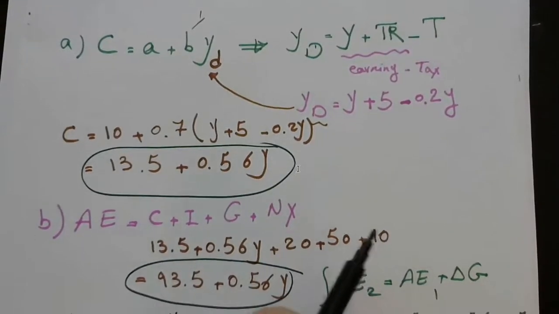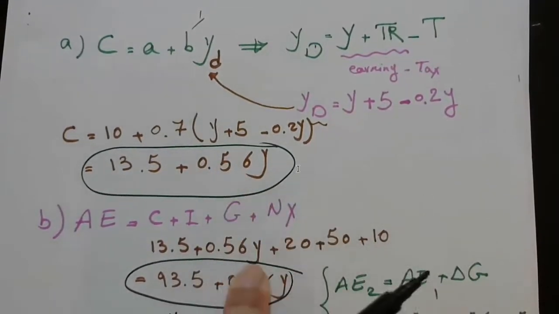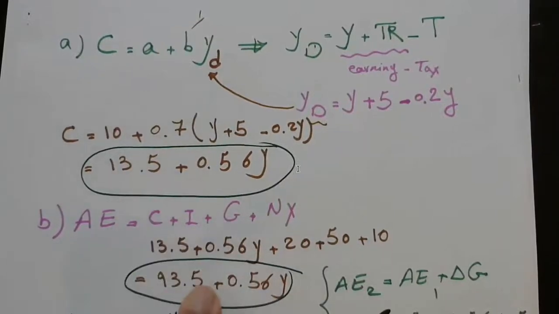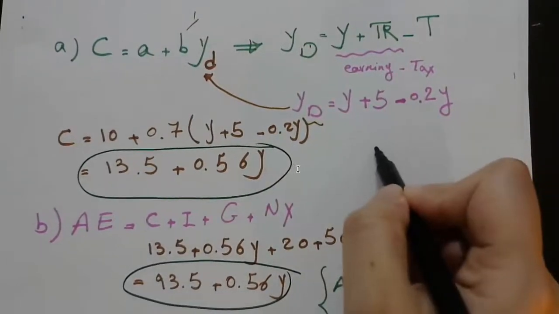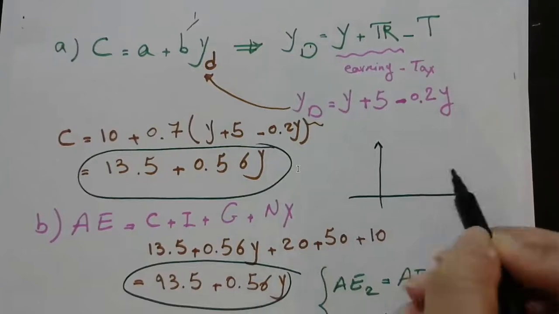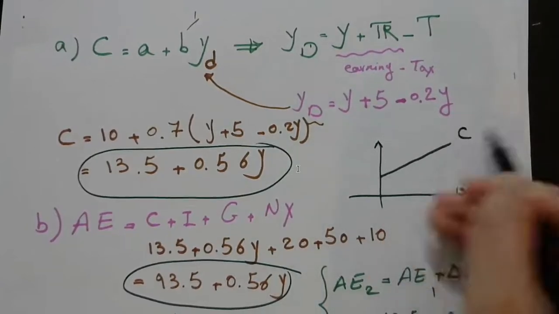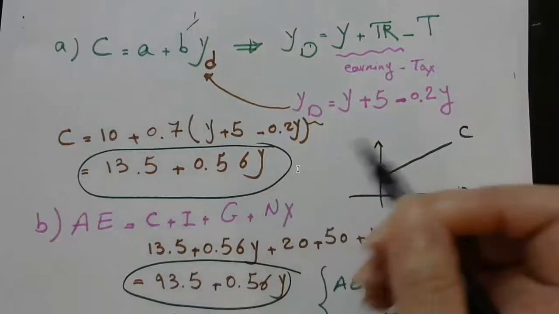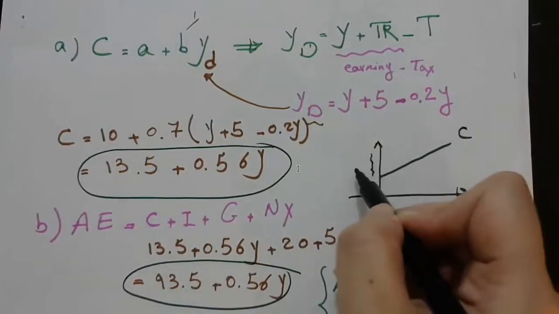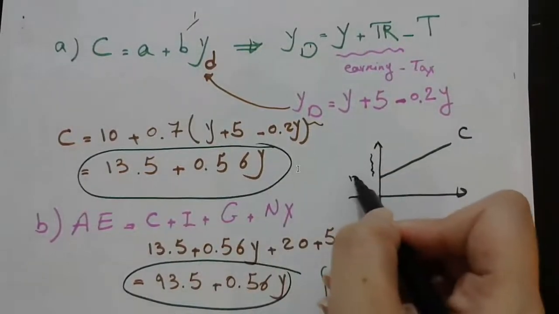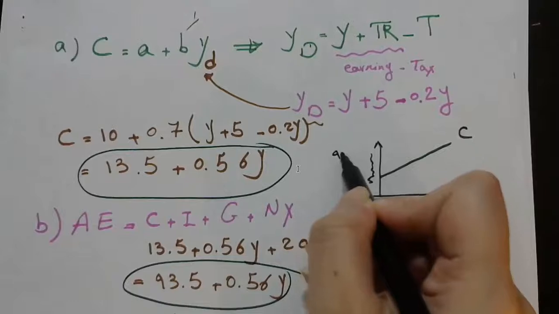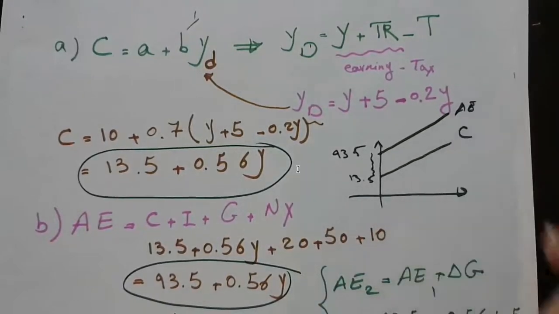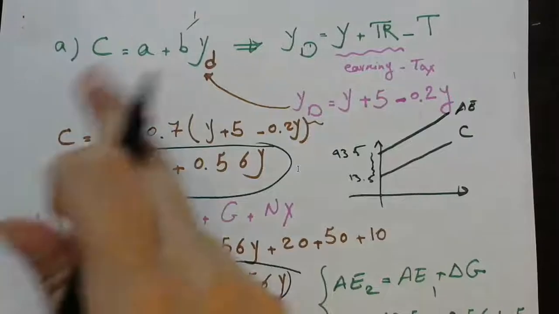Both of them have the same slope. What has changed is the intercept of the function. So if I want to draw the AE function, I just increase the intercept. Here it is 3.5, then I increase it to 935, and the slope is the same. So this is AE.